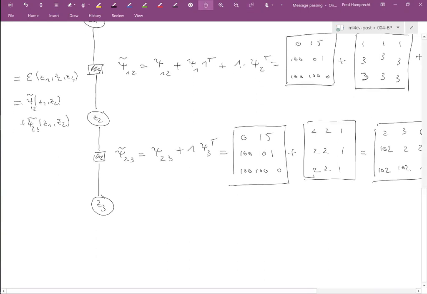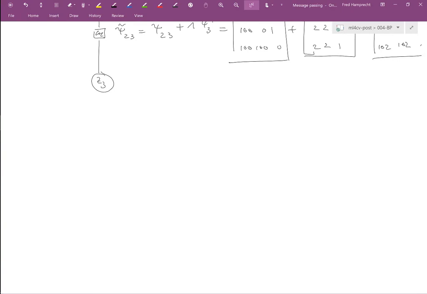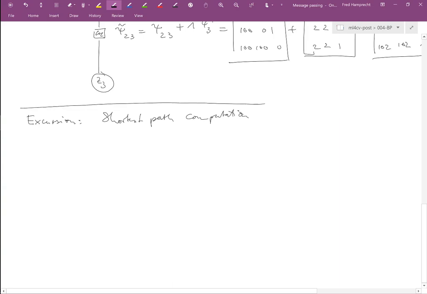We start with an excursion: shortest path computation. This is a representative of one of the very fundamental algorithms in computer science. Dynamic programming is one of the most important ideas in all of computer science.